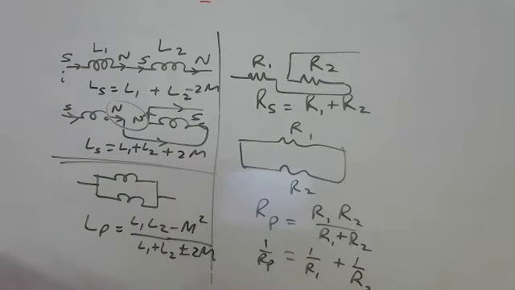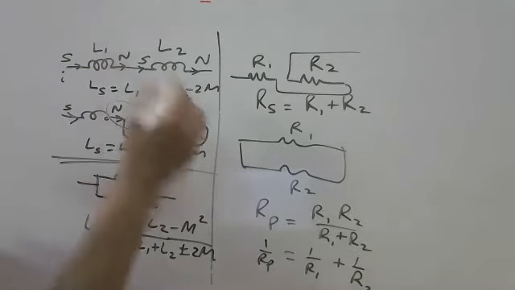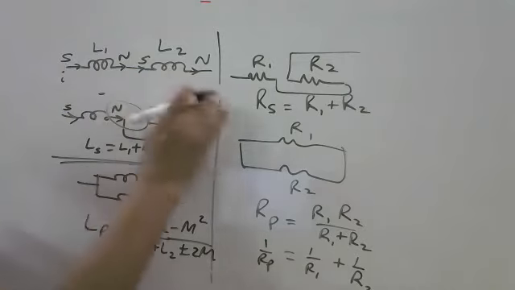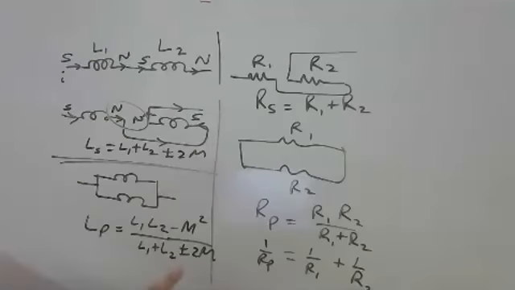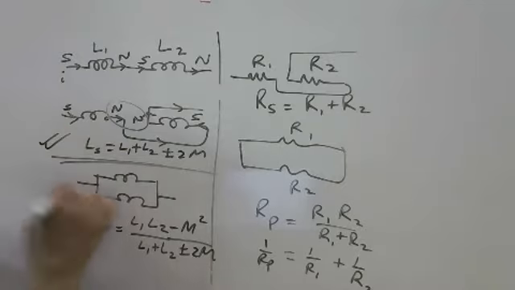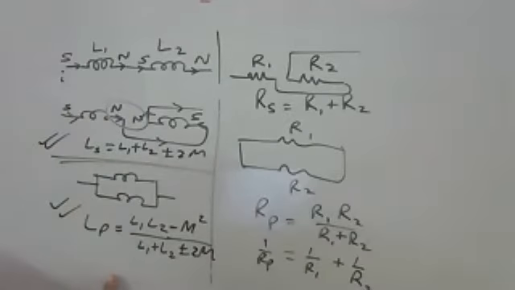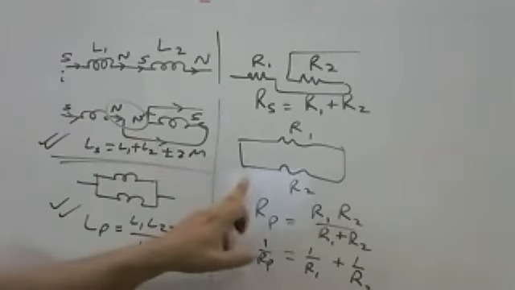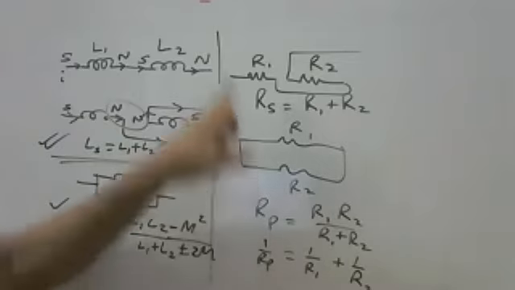Got it? So in general we can write here like this. Plus minus, here also plus minus, here minus M square. Please note down this one. This is the series and this is the parallel combination. There is no effect of mutual inductance in resistance.